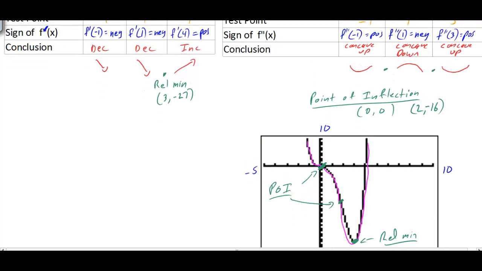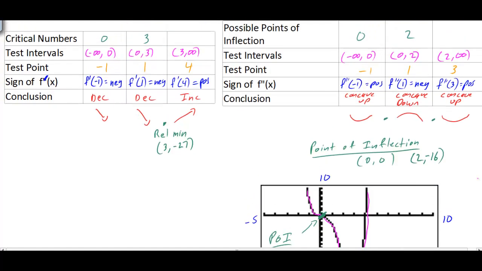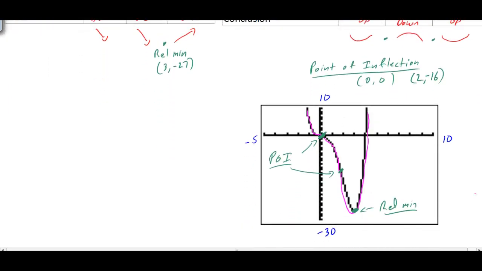With the first derivative, we can determine our graph is increasing and decreasing, and we notice that it is decreasing from -infinity to 3. So if we go from -infinity to 3, and 3 is here, our graph is decreasing. And then 3 to infinity, our graph is increasing.